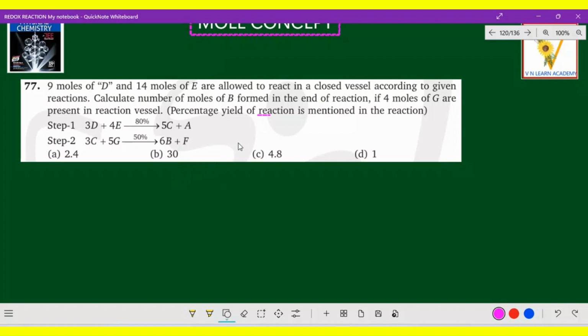Now we have to identify the percentage yield and the moles of B if 4 moles of G are present.